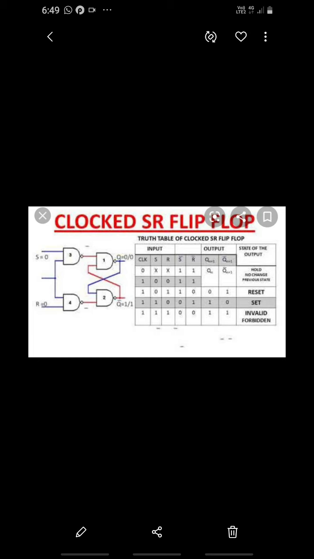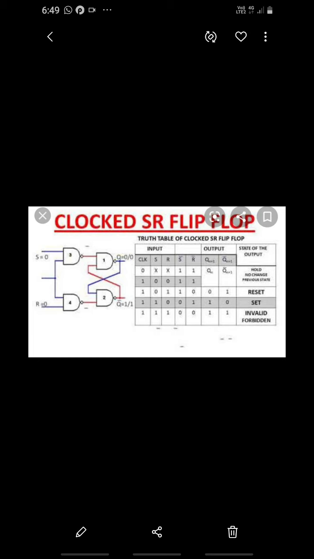So the operation is no change in the previous state. And next, whenever applying the clock as 1, and S and R are 0 0, then S bar and R bar are 1 1. Then same thing, output is Q and Q bar, no change in the previous state.